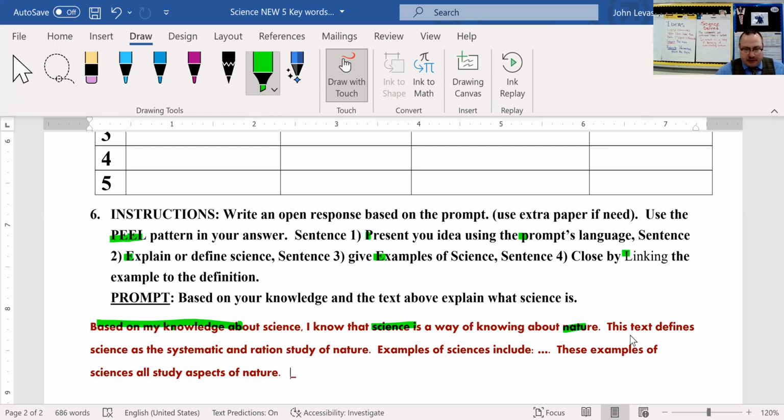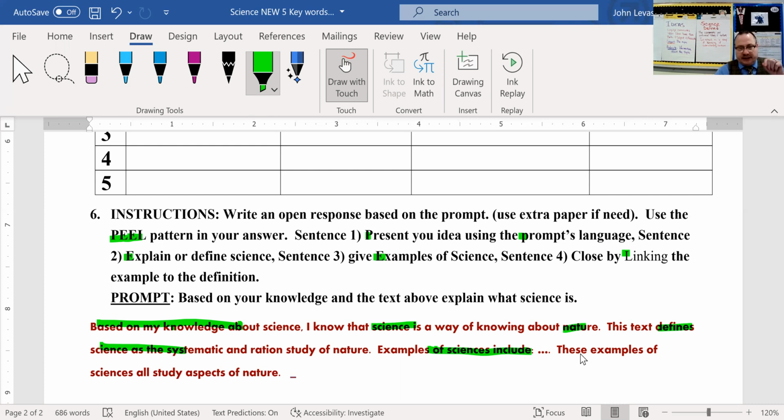Next, explanation. I used a definition, and I used textual evidence. Examples, I gave examples of science, and those are in some of our earlier assignments. And the last thing I did is I linked the examples to the definition.